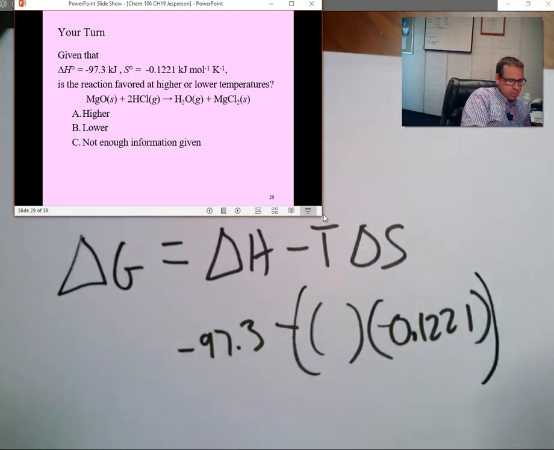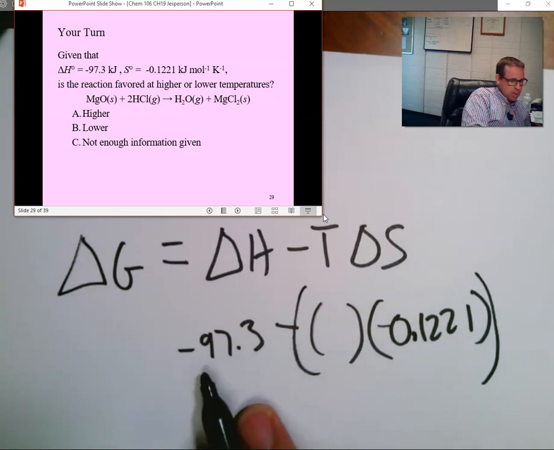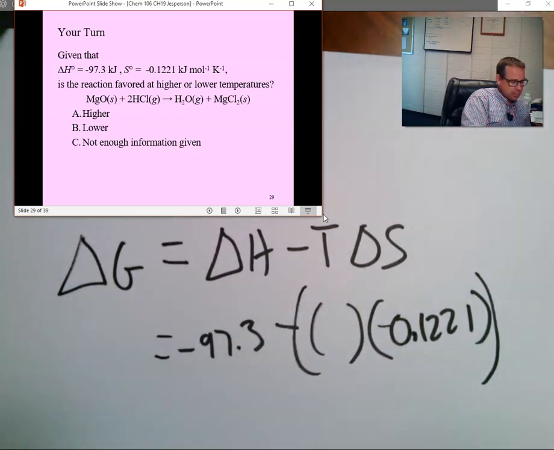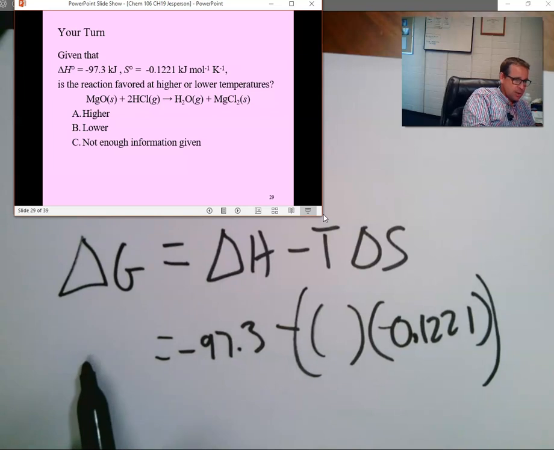So these two need to be multiplied by each other before that negative sign goes in there, and then we're going to add it to this negative 97.3. So what happens if this temperature here, this value, gets really large, Sarah? If this gets really large, does that help delta G become negative, or is it causing delta G to become more positive?